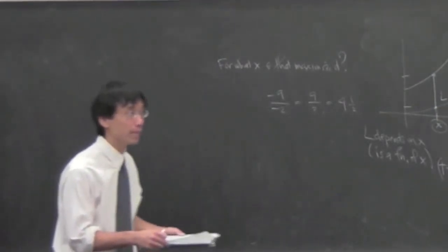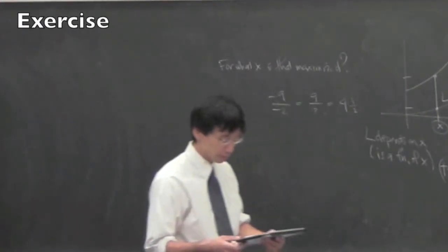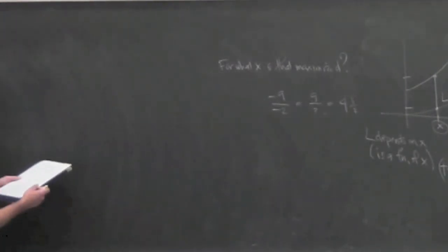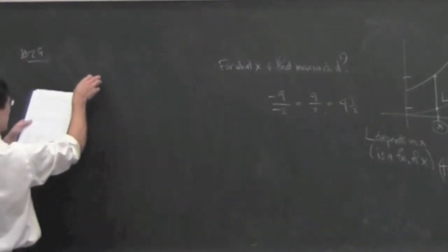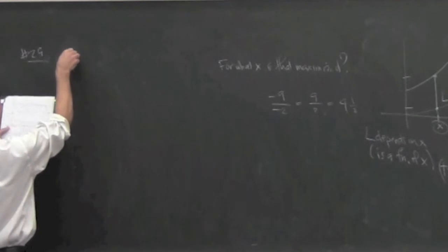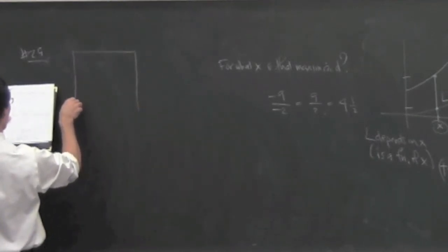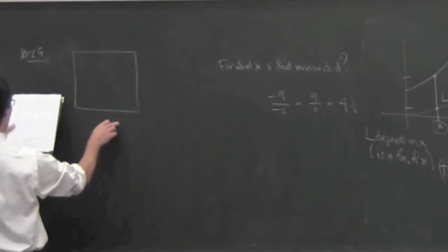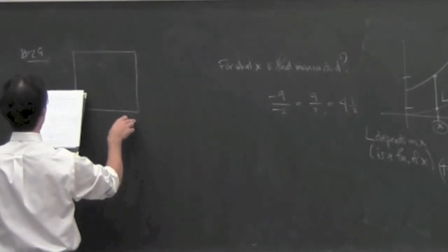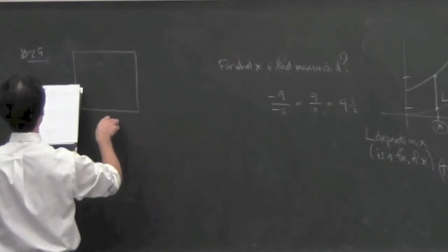Okay, last example, and since there's not too much time, let me do it for you. And this one is the trickiest one. Problem 29 next. So somebody gives you a square, and the side length is 1.